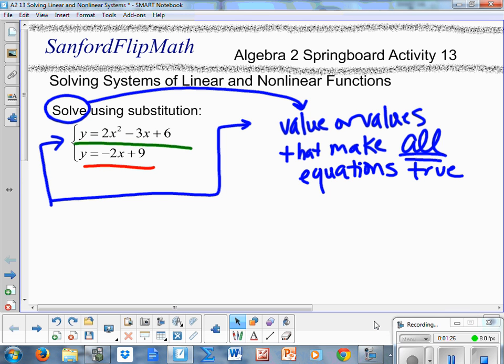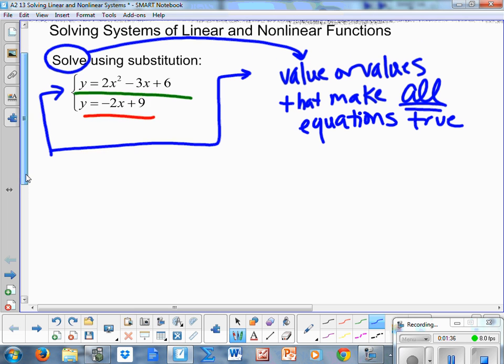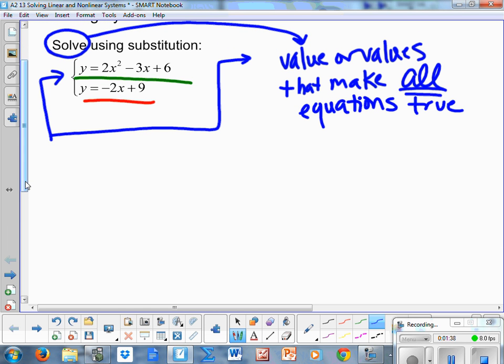So we're looking for the values of both x and y that are the same for both of these. We're going to start using substitution. We talked about this before with linear cases, where we were able to solve for one variable and plug whatever we solved for into the other equation. Luckily here we already have that done. Both are set equal to y.